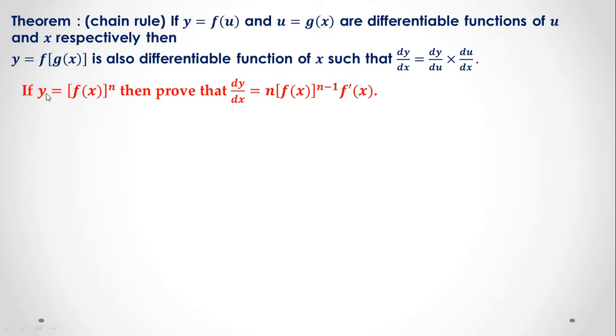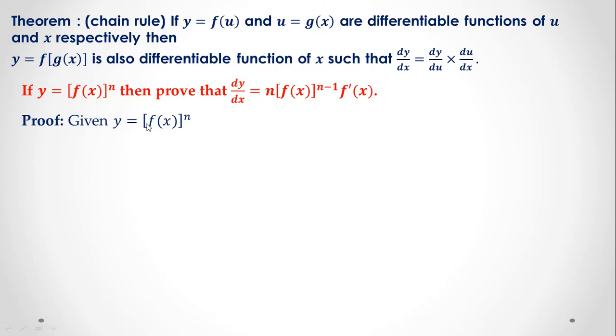So if y is equal to f of x raised to n is given to you, then prove that dy by dx is equal to n into f of x raised to n minus 1 into f dash of x. So here to get the derivative of this composite function, we have used the chain rule. Now we will prove this. So for that, let us see the proof.